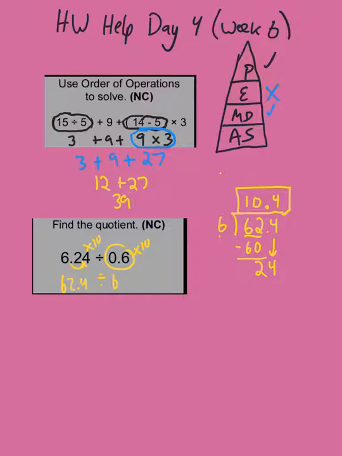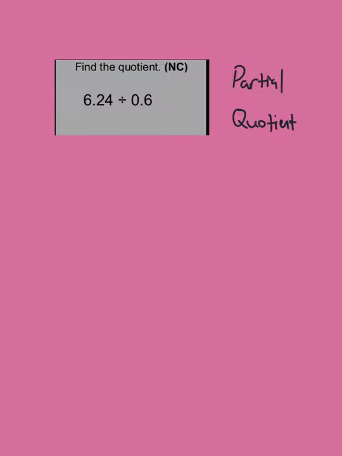All right, so let's go over to the next page. And how do you do this using partial quotient? Well, in partial quotient, you don't want to deal with any decimals. So what I'm going to do is I'm actually going to move both decimals in this number. So I'm going to move this decimal twice.